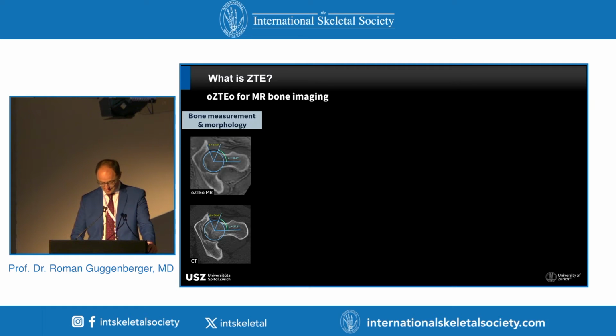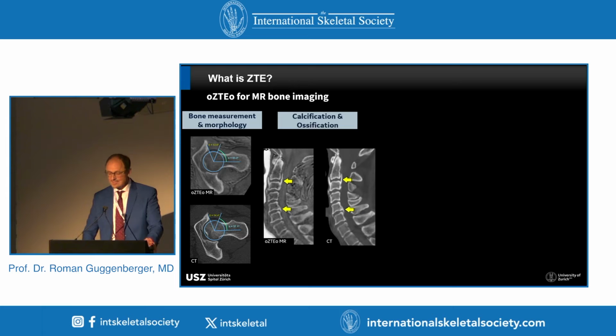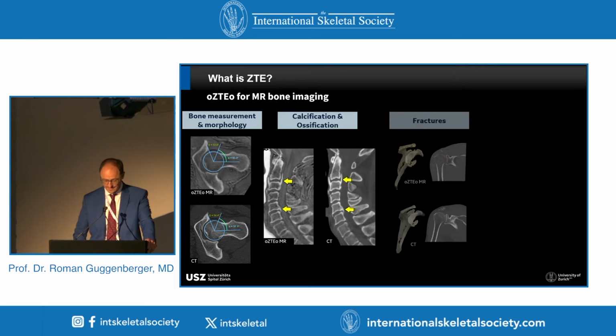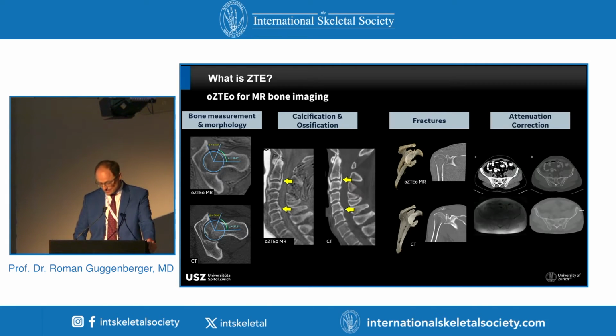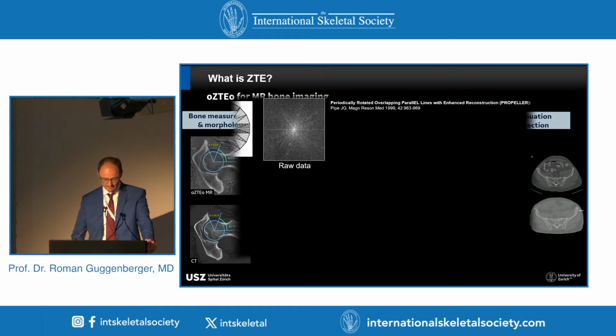We can give exact and precise measurements. We see those calcifications, as I've shown you, in the SI joints, but we can also see them in the cervical spine. We can detect fractures, and it is useful as a raw material in order to generate pseudo-CTs that offer CT-like contrasts, not only qualitatively but quantitatively.